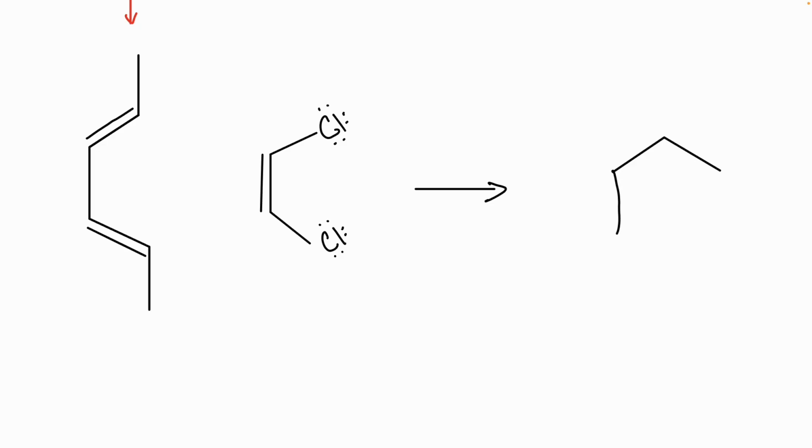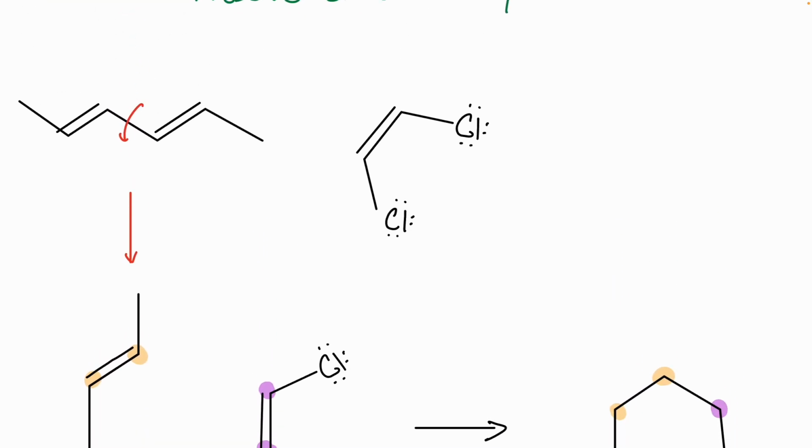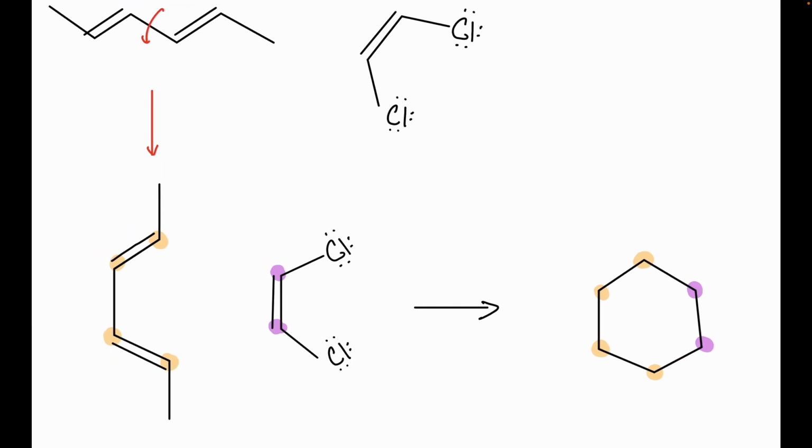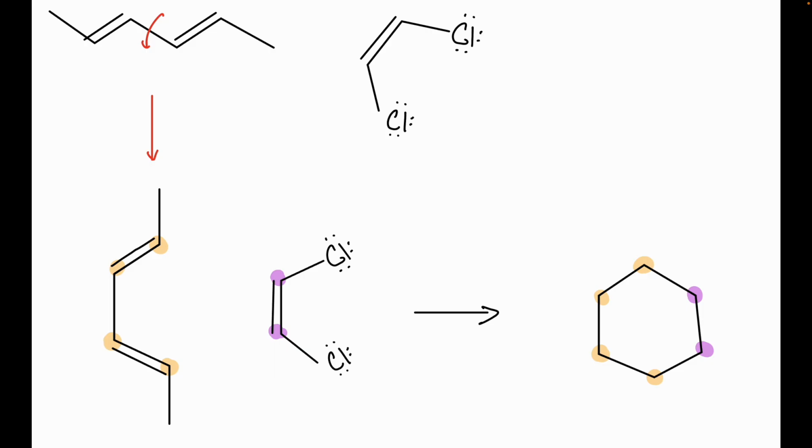Notice how I've always done the same procedure here, where I start by drawing my 6-membered ring, and then I say these 4 carbons must be those 4 carbons about my conjugated diene, and these 2 carbons must be my 2 carbons in my dienophile about that double bond. One thing to note as you get these more complicated molecules and you're picking them up and spinning them around: obviously model kits are amazing for this sort of thing.